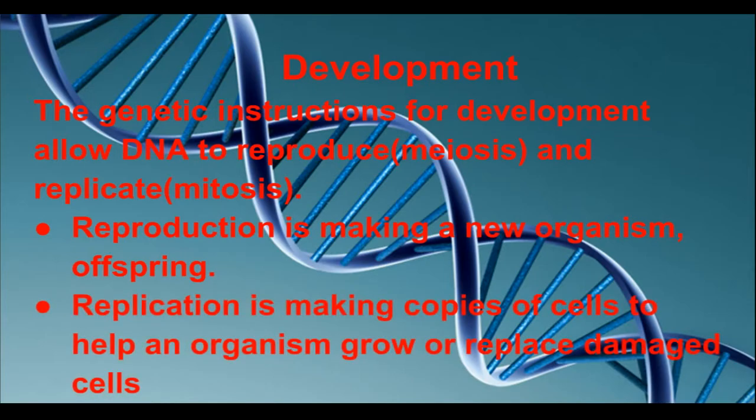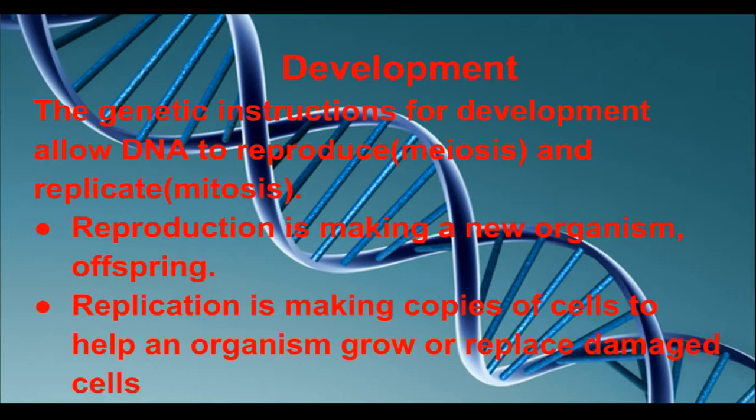Mitosis is done all the time. Replication of cells to help you grow or to replace damaged cells. So whether you're a plant or an animal, doesn't matter. If you're growing, you need to make more cells, and to make more cells, you need to have more DNA.